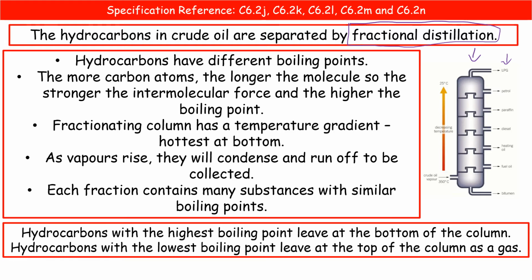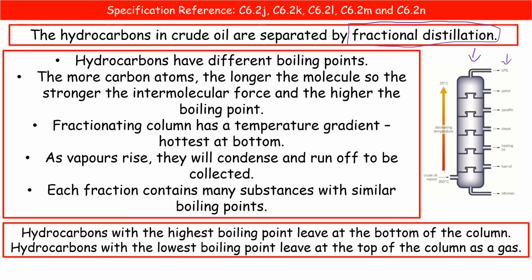By that we mean it's hotter at the bottom and cooler at the top. So what we actually find is, as we send in our crude oil vapour at the bottom where it's very hot, the vapours rise, but as they drop beneath their boiling point, they condense, and then we can just run off those individual fractions.